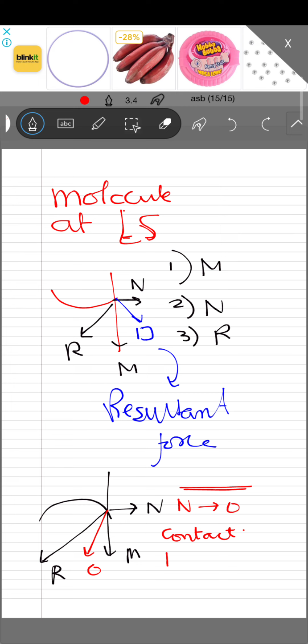So a decrease in mass will also cause a decrease in the resultant force, a decrease in the reaction force, the cohesive force, and this will again cause this resultant force to go down, so ultimately it becomes horizontal.